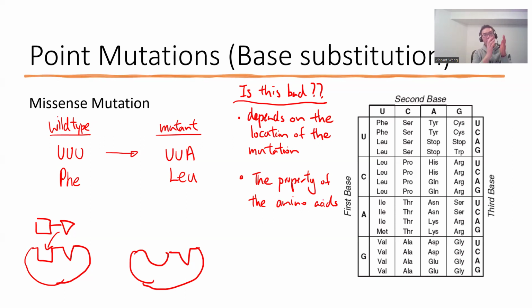So if you change a hydrophilic amino acid and after the mutation it's also hydrophilic, then maybe it's okay. Maybe the impact is minimal. But if you change it from hydrophilic to hydrophobic, that's going to have a huge impact. If you change it from acidic to acidic, maybe it's okay. But if it's an acidic amino acid and then becomes a basic amino acid after the mutation, that could be pretty bad. Okay, so that's all. Any questions about missense mutations?